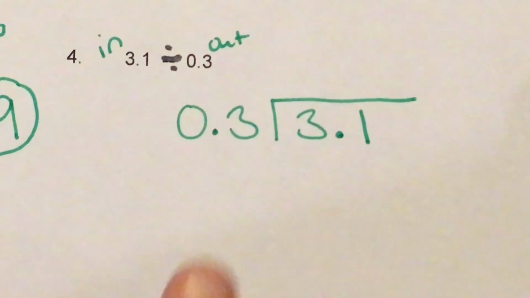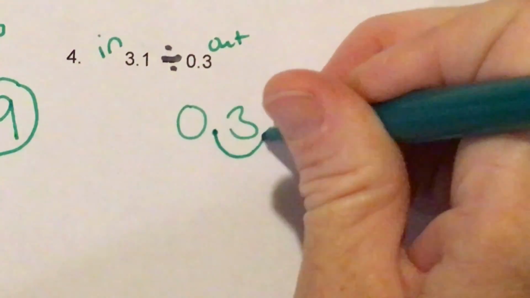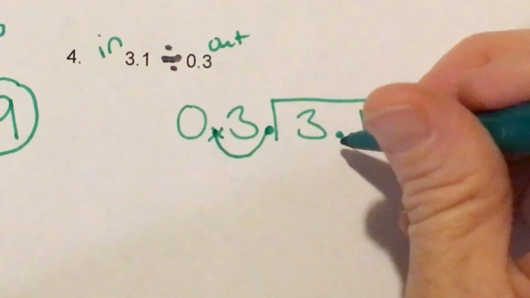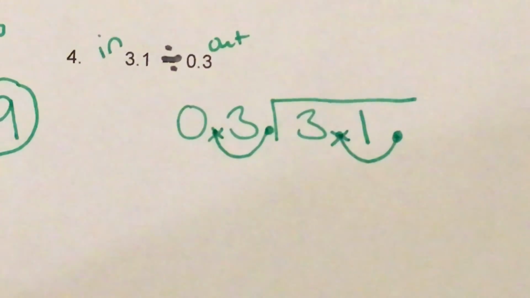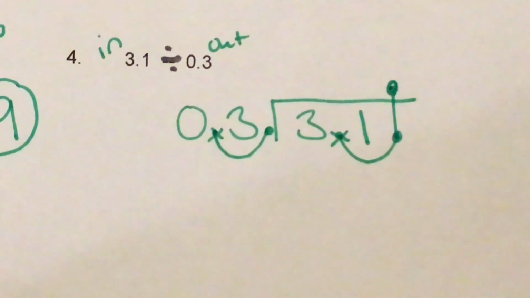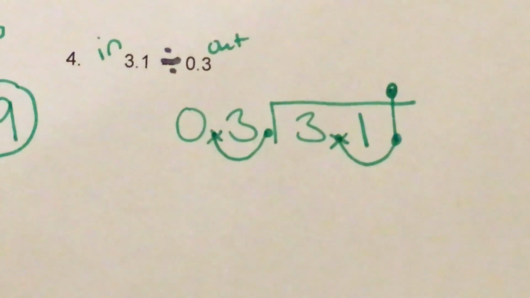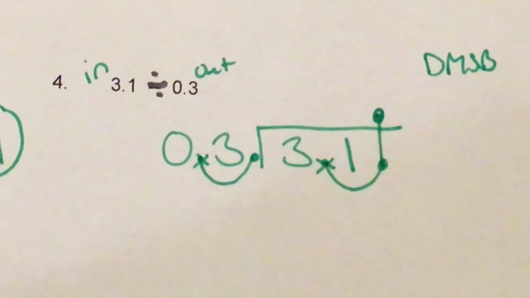I'm good. Step 3, no decimal here. So I'm going to use one loop and move it over. And whatever I do outside, I do inside. Okay, step 4 is I'm going to draw my barbell. And then step 5 is I'm going to divide using daddy, mommy, sister, brother.